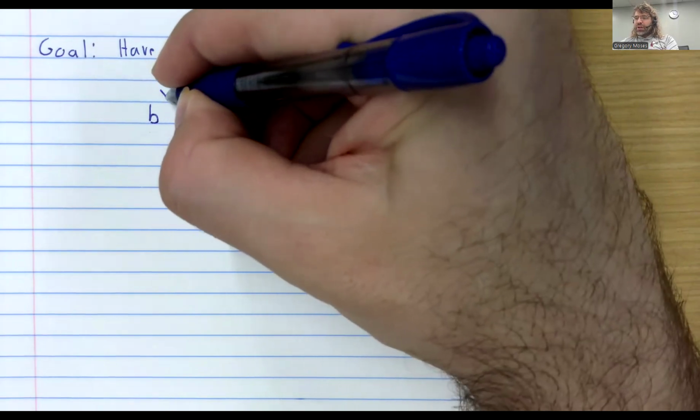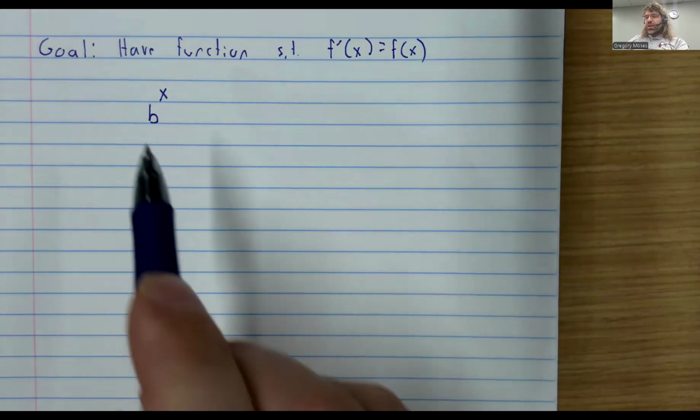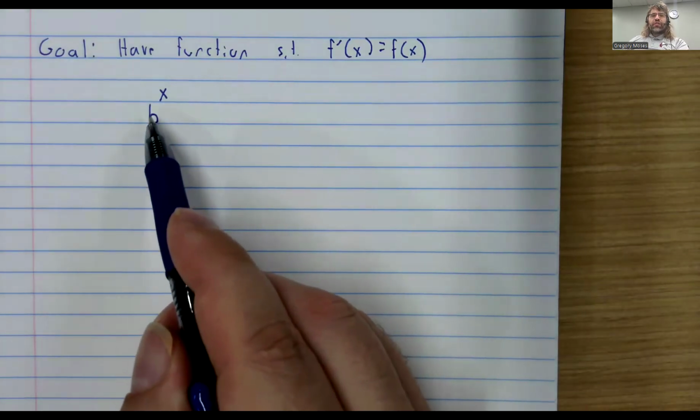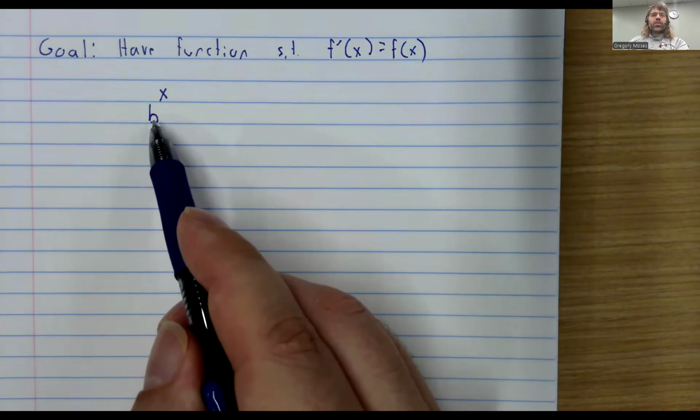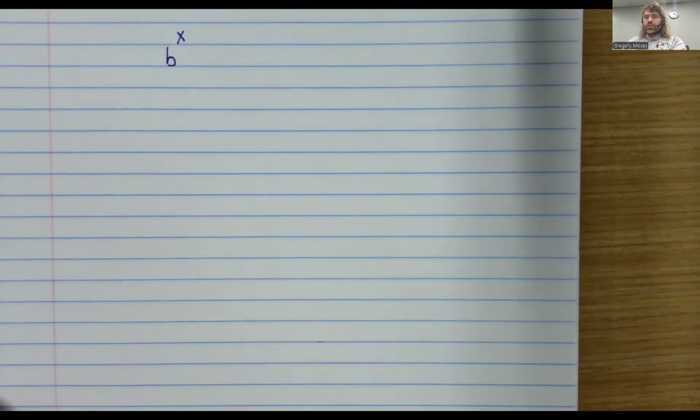If we have b to the power of x, of course, the derivative of this depends on b. 2 to the power of x and 3 to the power of x and 1/2 to the power of x have different rates of change.